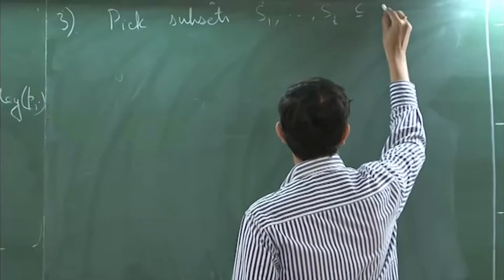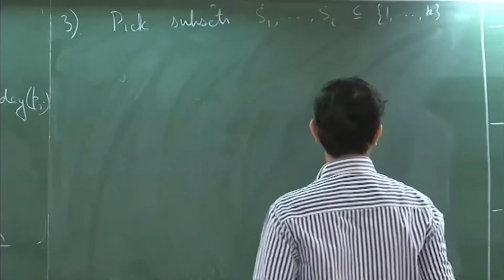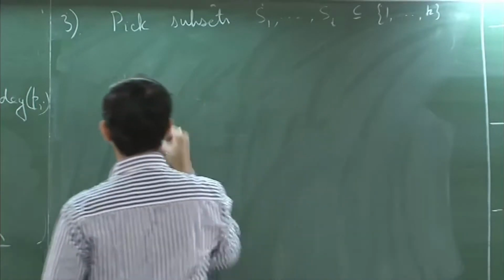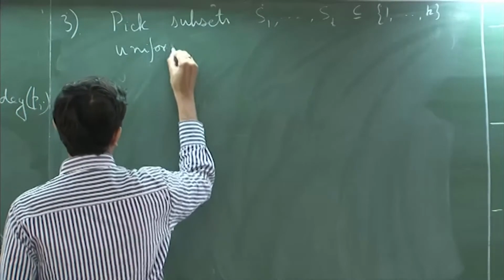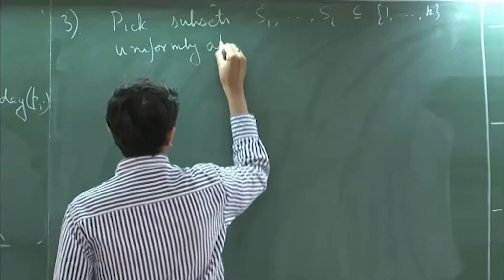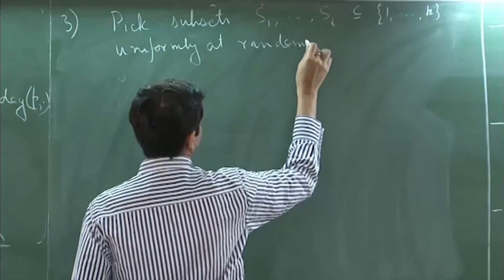So, these are subsets of 1 through k, chosen uniformly at random.